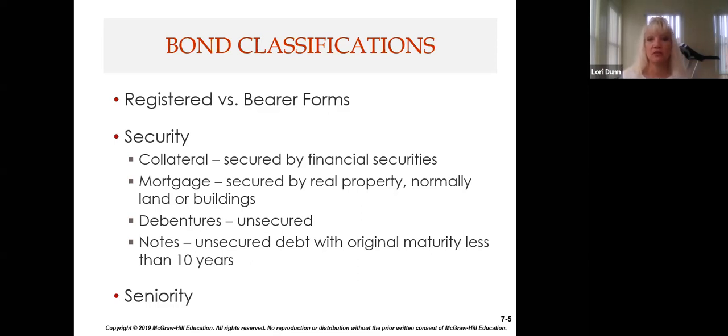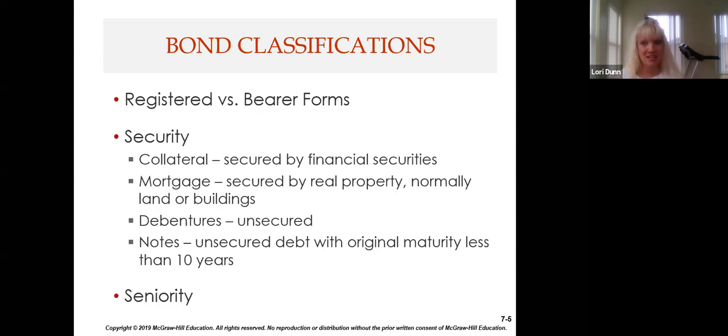Sometimes the security is with real estate, so real property. So maybe the corporation says, well, we're going to use a different asset as collateral. We're going to use a piece of land we own or a building we own as collateral. They call this a mortgage security, just because of the type of property that's being used as collateral.